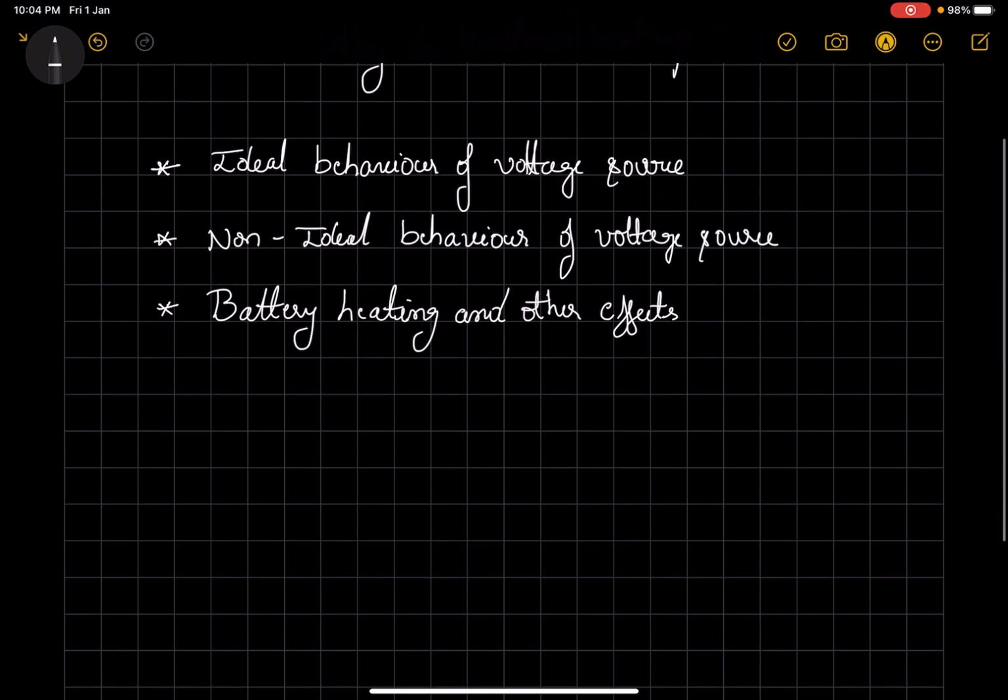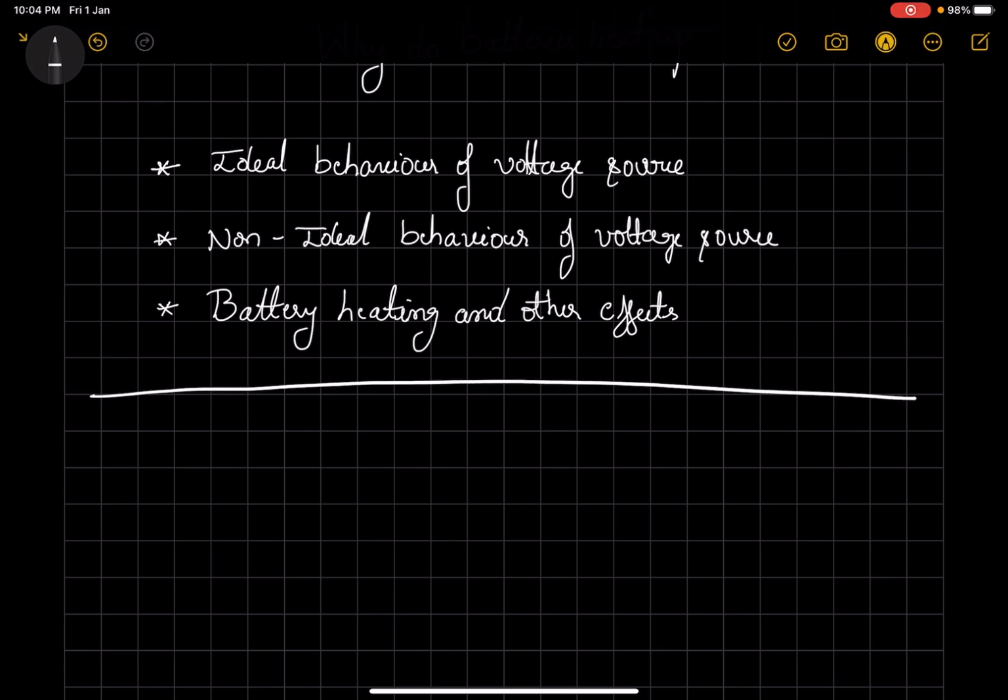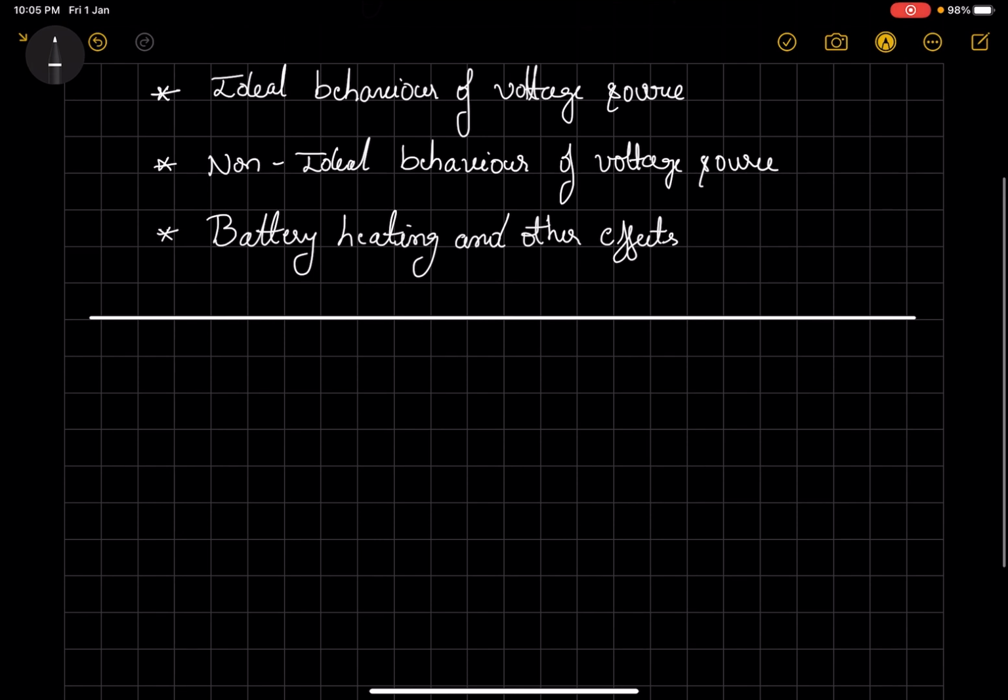So whenever we speak about a battery, we are technically speaking about a voltage source. A voltage source is nothing but a device which maintains a constant voltage between two terminals in an electronic circuit.